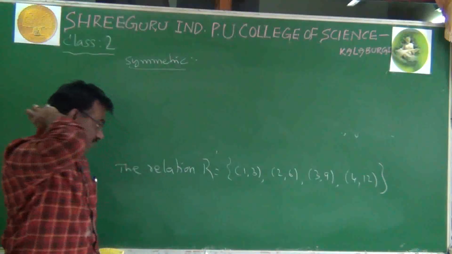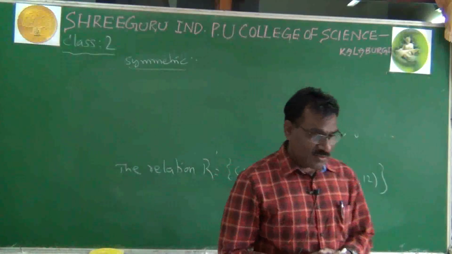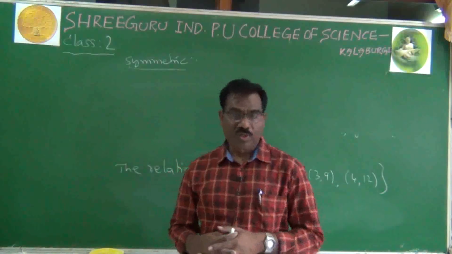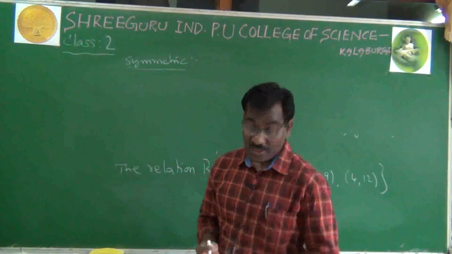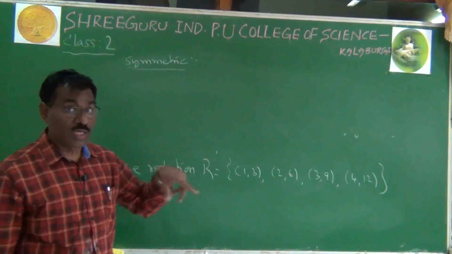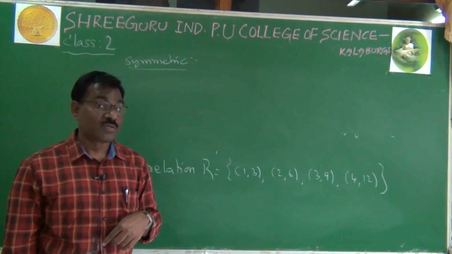What is the symmetric definition? One ordered pair is given, and we have to prove another ordered pair. What is given? a comma b. We have to prove b comma a. If a comma b belongs to R and b comma a belongs to R, then R is called symmetric.